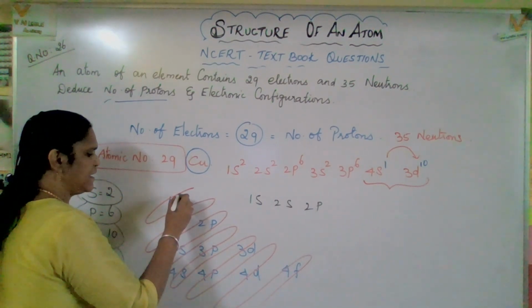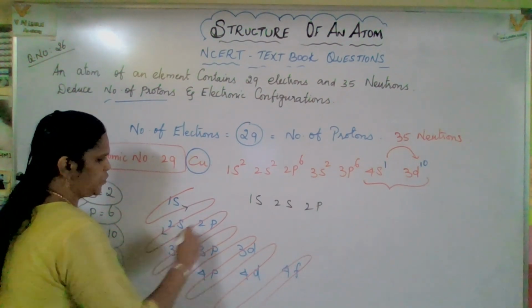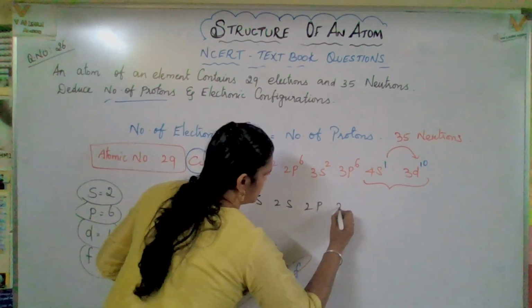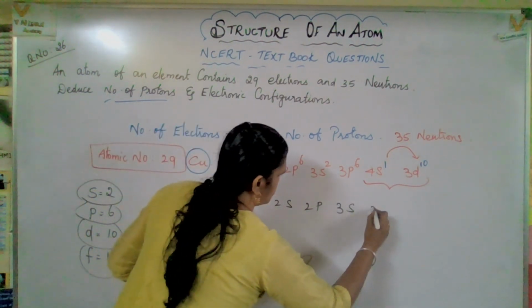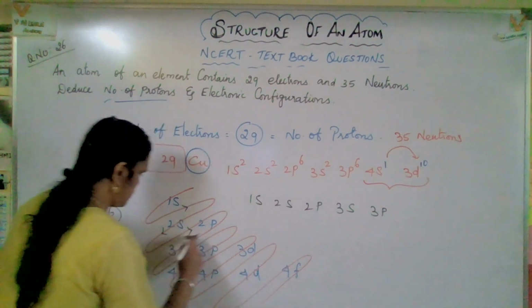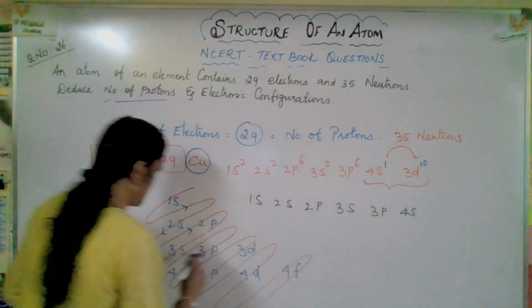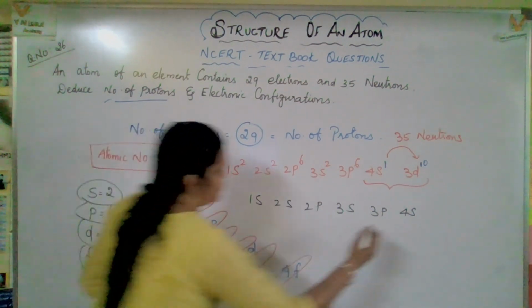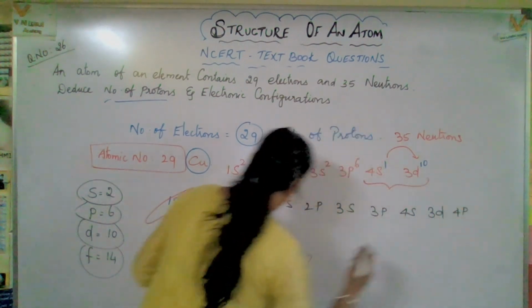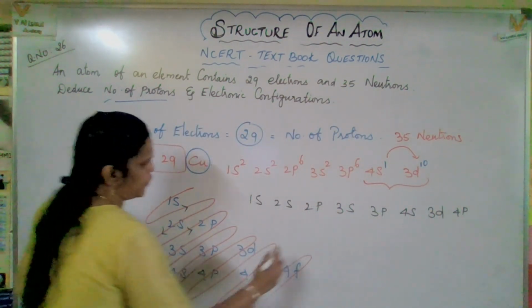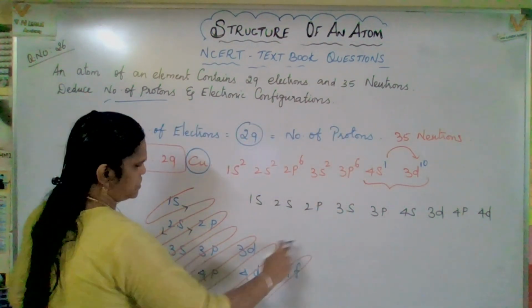Like this, 2p, 3s, 3p, 4s, 3d, 4p, 4d, and the last 4f.